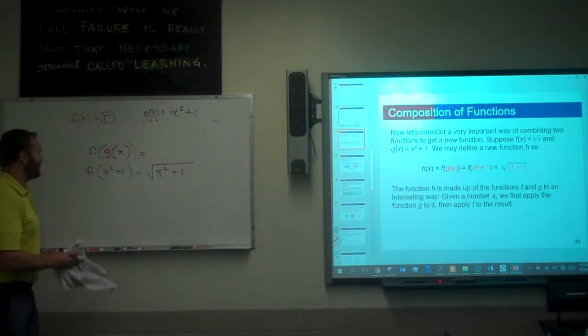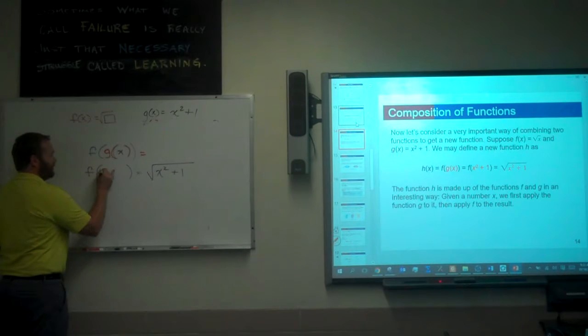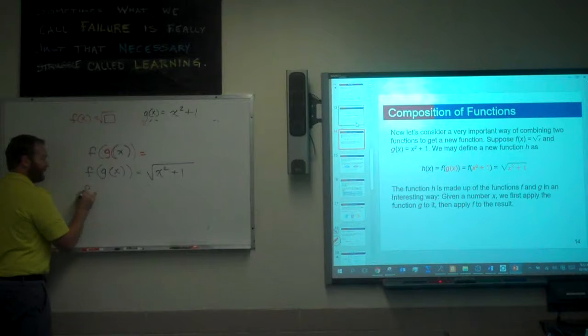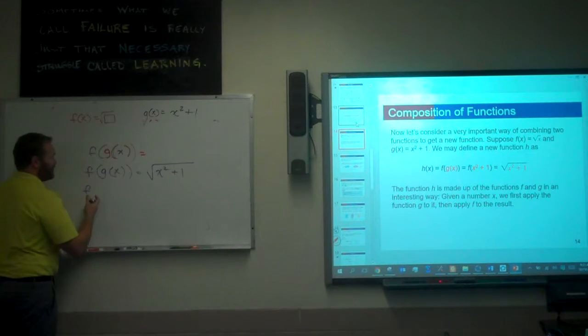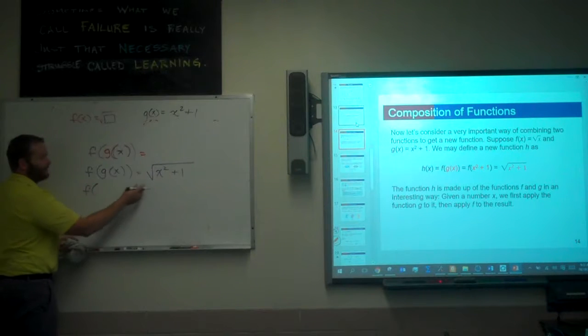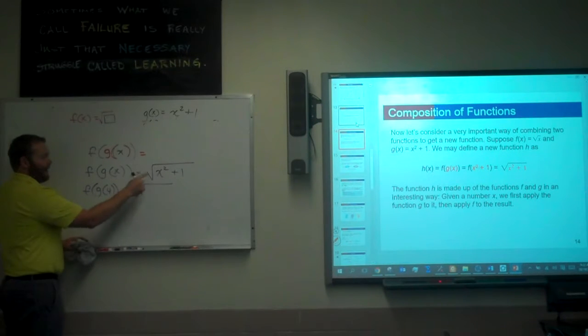But here's the point. So this is the new rule, f of g of x. So here's the question, and here's the necessity and the usefulness of this new rule. Because now if I ask you what f of g of 4 is, you now know that this was f of g of x, right?